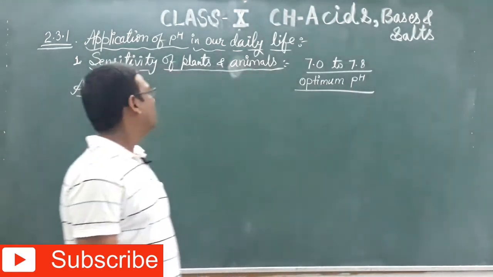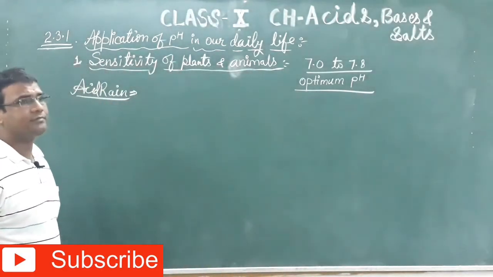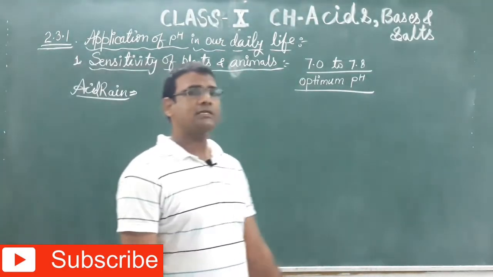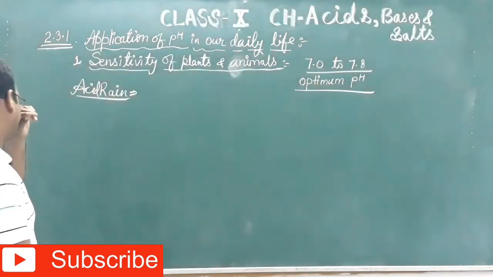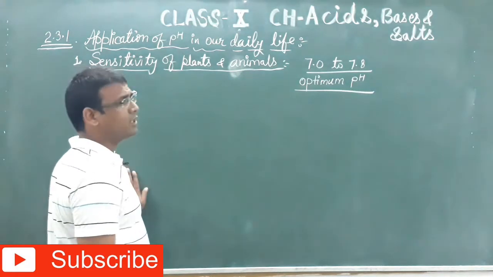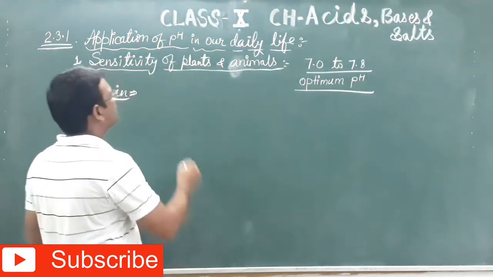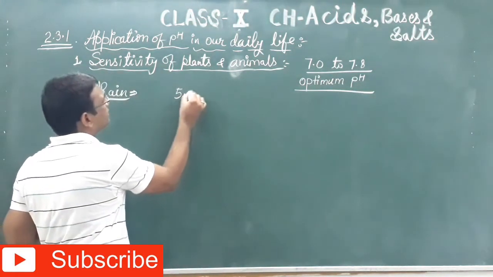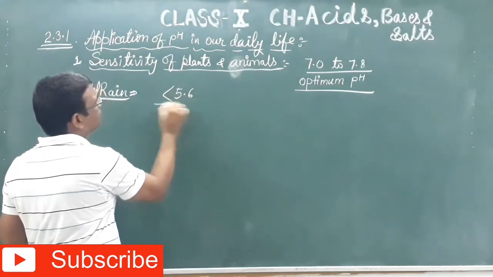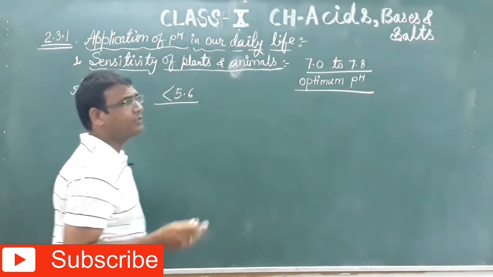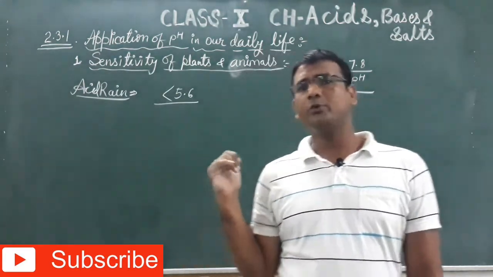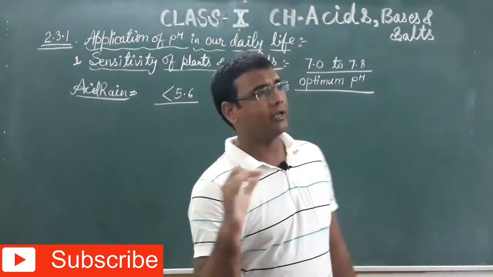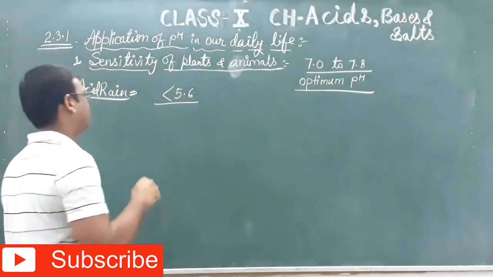But when some chemicals are mixed in that rain water, the pH of that rain becomes below 5.6. If the pH of rain water is below 5.6, then that rain is called acid rain.